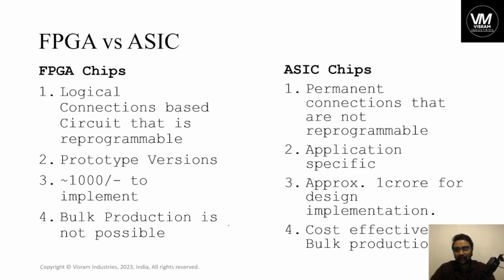You can't take a laptop chip and use it for robotics. We can attach some external peripherals and hardly use it, but there are certain limitations for the working environment. ASIC chips are made for only some applications and have permanent connections that are not reprogrammed.